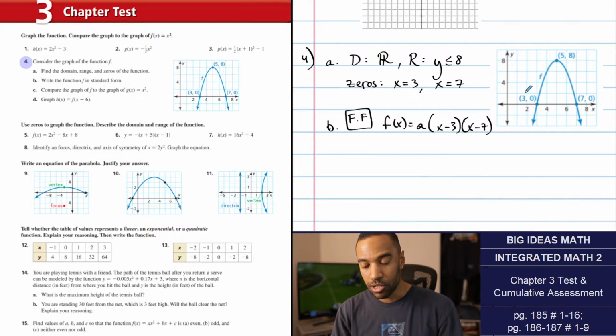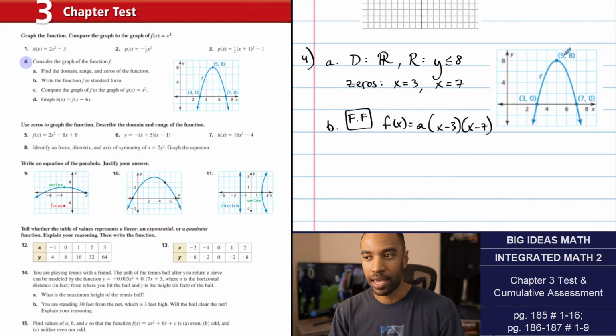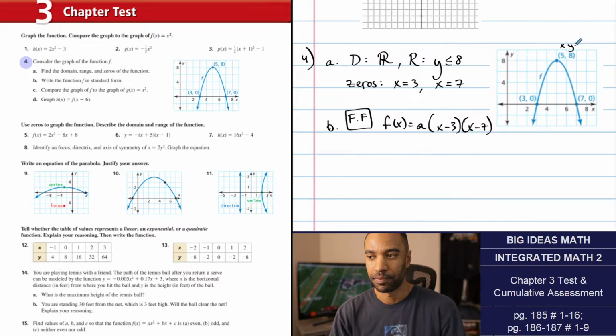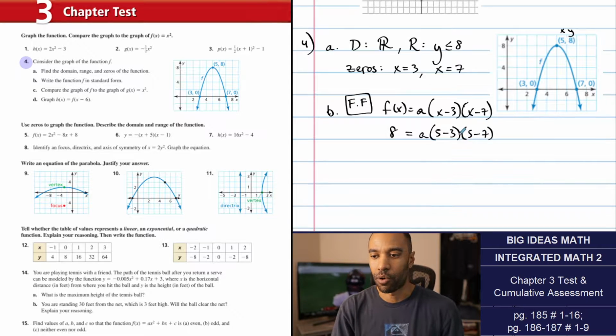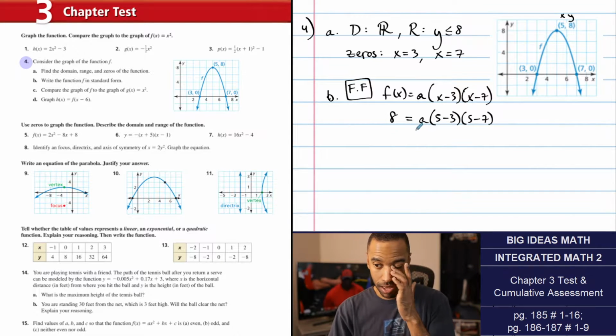Now we can substitute a special xy that's not one of these points on the graph, such as this one. We can substitute a special xy into here and then come up with the a value as a result of that. When y is 8 and x is 5, we can figure out what the a value would be.